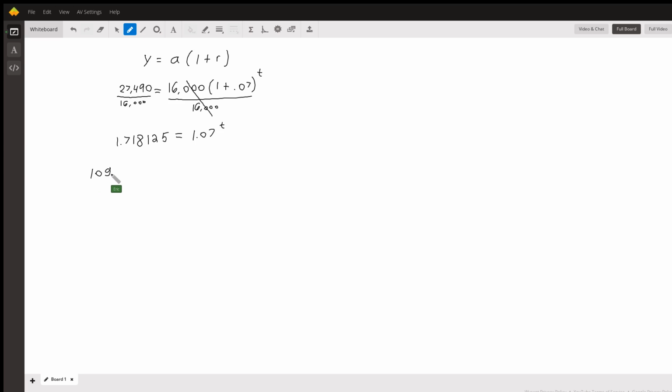So we get log 1.718125 equals log 1.07 to the t. Based on your third law of logarithms, we can move the t out in front. So we get log 1.718125 equals t log 1.07. Now to solve for t, we just divide both sides by log 1.07.